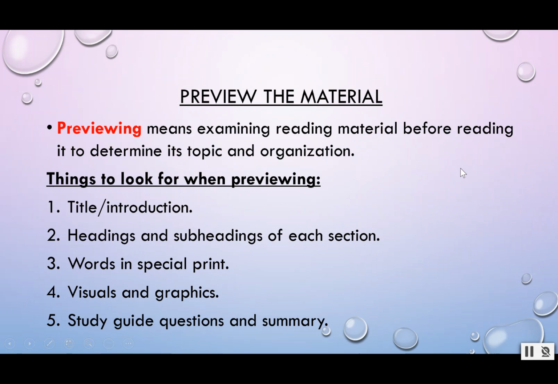So when we preview to read material, we're looking to determine the topic, how the section is organized best. And so some of the things that we can look for is the title, introduction. We can look for headings and subheadings of a section. We can look for words in print. We can look at visuals and graphics, and we can look for study guide questions and summary.